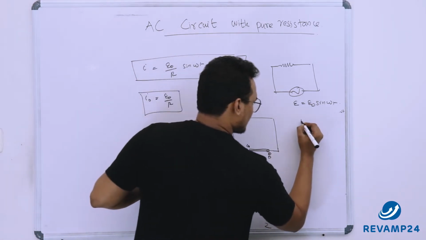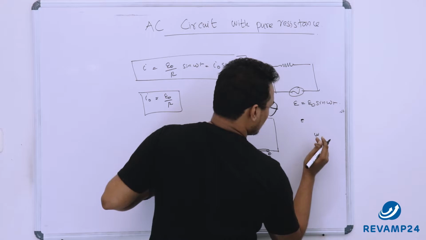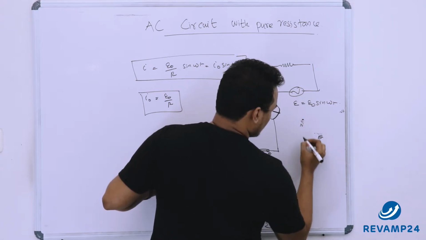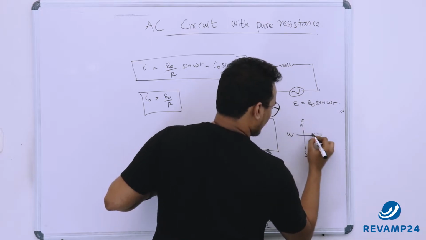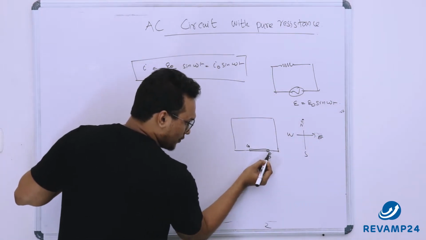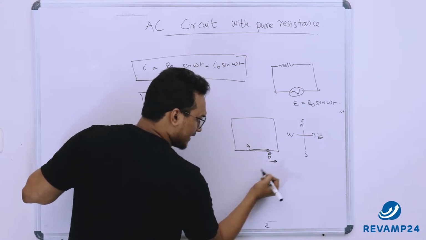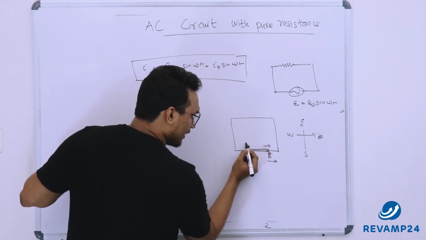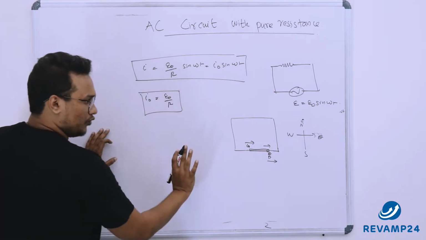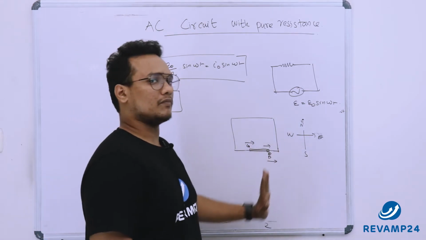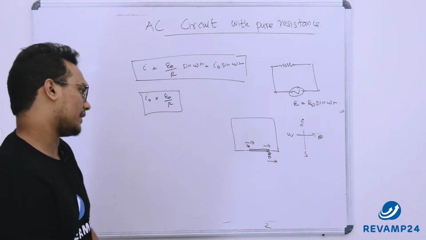Now we know this is north, east, south, west. When the engine is moving in this direction, both driver and guard are moving towards the east direction. Now I can say that both of them are in phase, moving in the same direction.